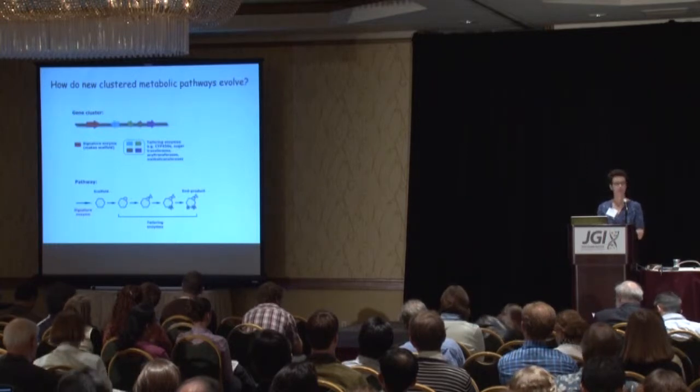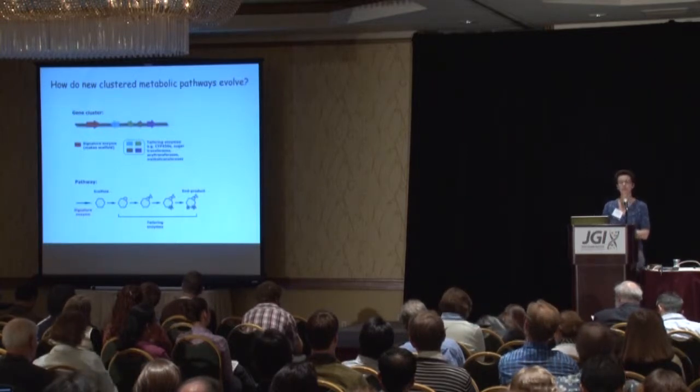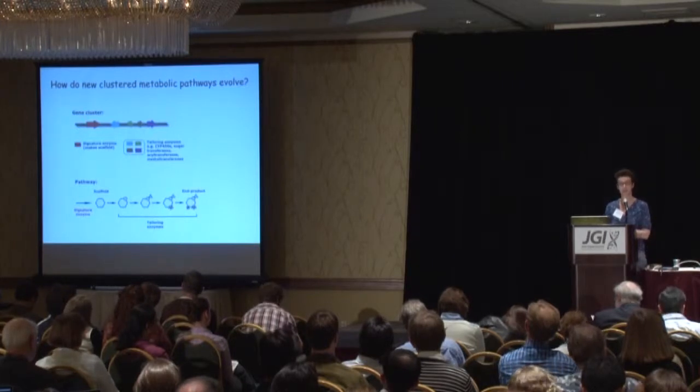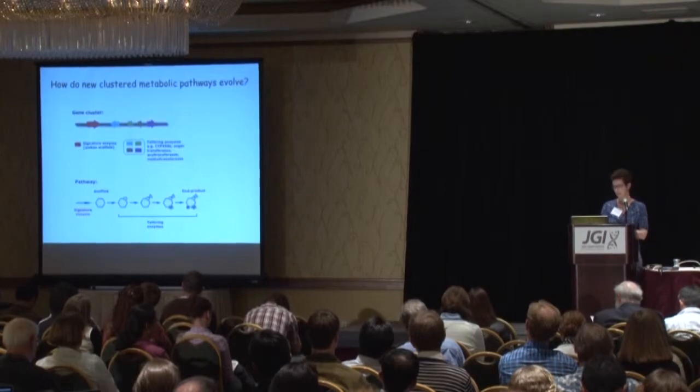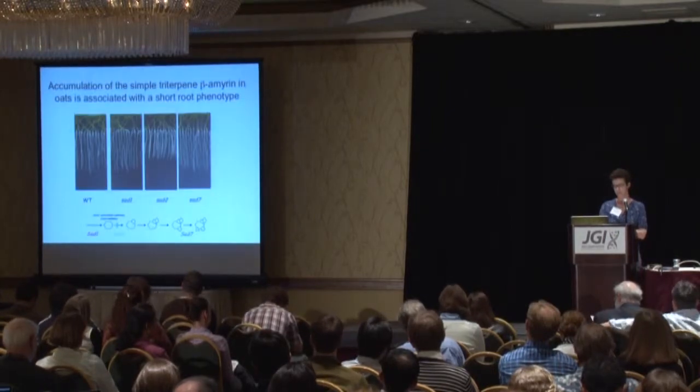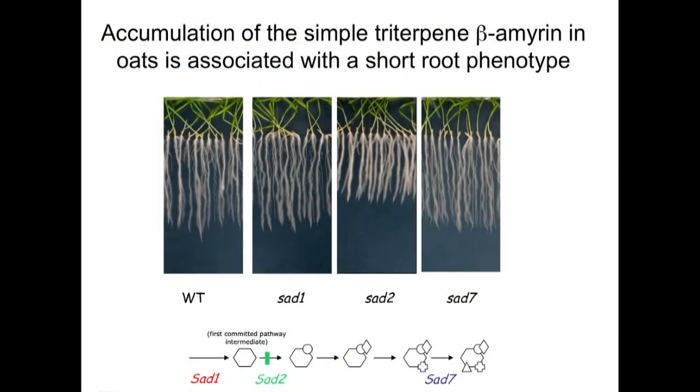One of the interesting things we found, I've given you examples of what I've referred to as toxicity. It might be safer to say bioactivity, but we've found rather more subtle effects as well. And I just want to give you an example of that. So looking at our oat mutants very carefully, most of the mutants have normal roots, but they don't make the blue fluorescent compound, so they're non-fluorescent.